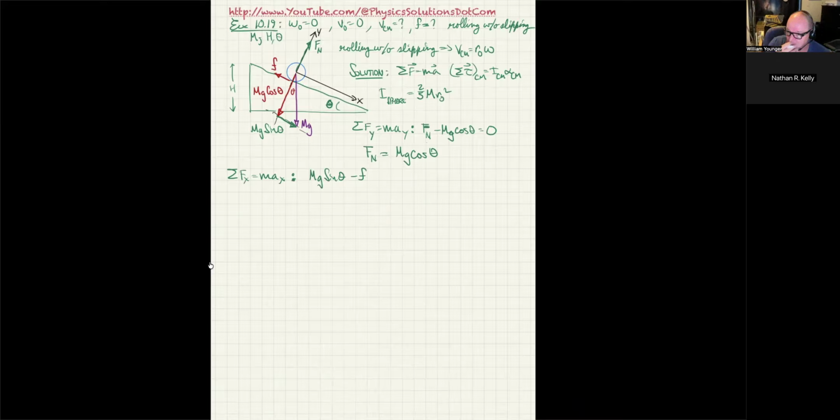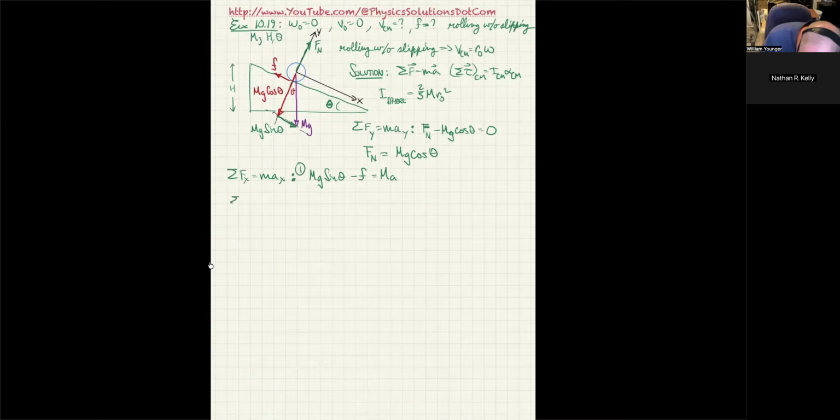That's the way friction works: it tries to impede relative motion. And in this case, the ball is trying to slide down the incline. It's instead trying to pull it back this way, which forces the ball to rotate. So all of that is equal to m times a, and that's going to be equation one.